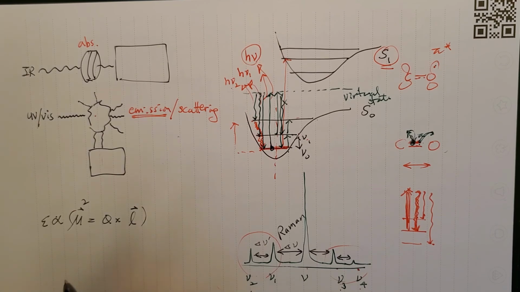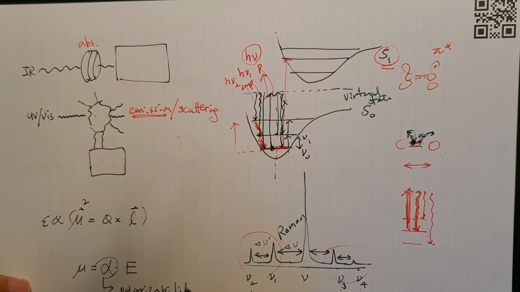But in the Raman, the dipole moment is proportional to this electric field. We are giving an electric field, right, with the light. Then we are inducing this, which is polarizability. How well you can polarize the molecule, meaning how well you can move electrons from the most dispersed way to a more polarized way.